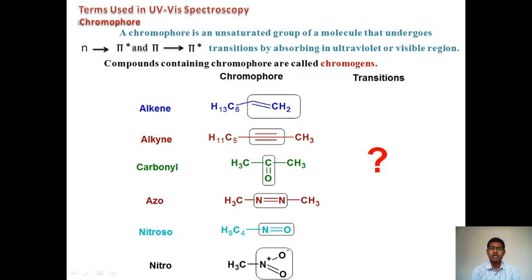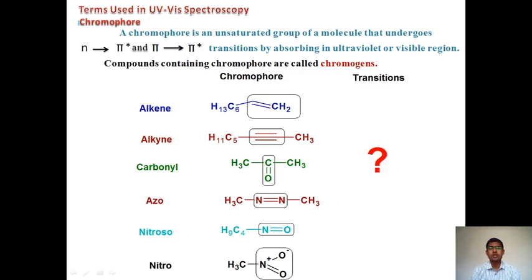Next, in carbonyl compounds, carbon double bond oxygen, this unsaturated carbonyl group is a chromophoric group. Next, in azo compounds, N double bond N, two types of transitions are possible. One is pi bonding orbital to pi star anti-bonding orbital, since there is a pi bond. And the next one: nitrogen contains a lone pair of electrons, so n non-bonding electrons go to the pi star anti-bonding orbital.